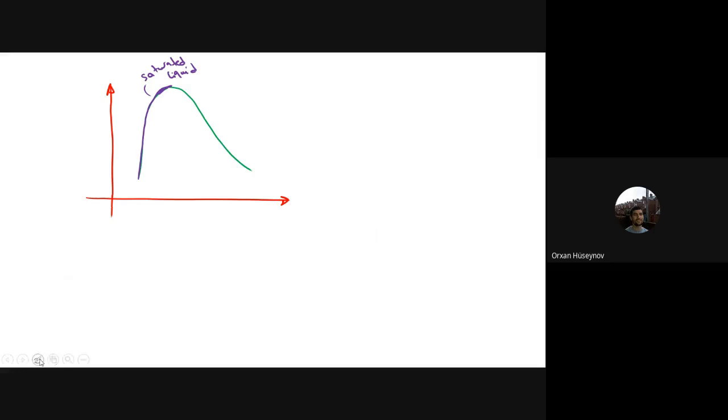And then you have one more part of the line, which is called the saturated vapor. The values at the saturated liquid line are shown with F, and the values at the saturated vapor line are shown with the letter G.